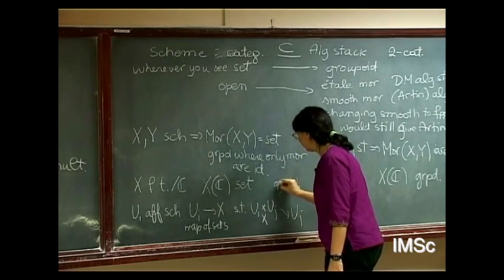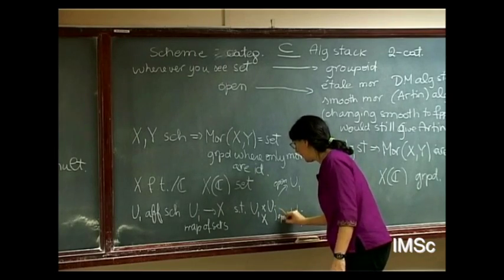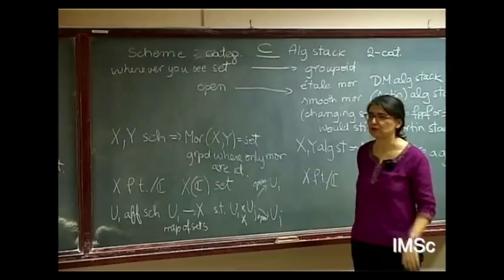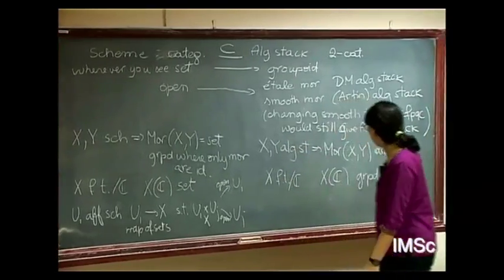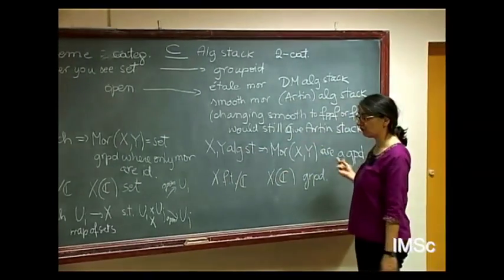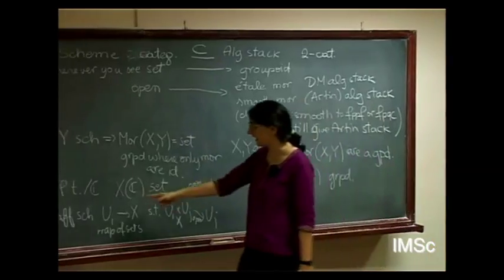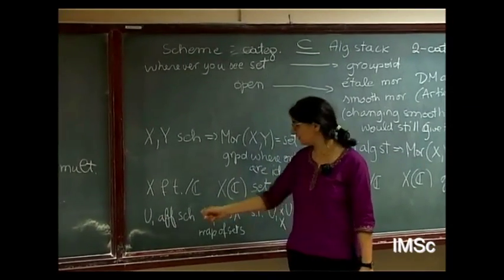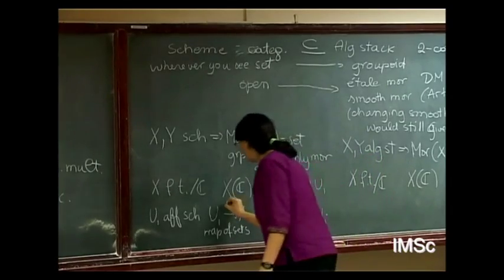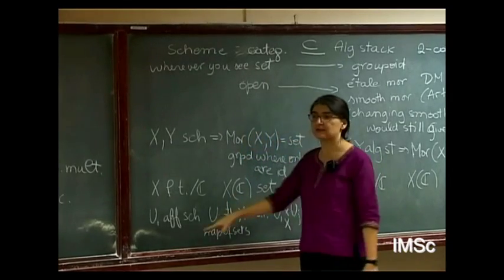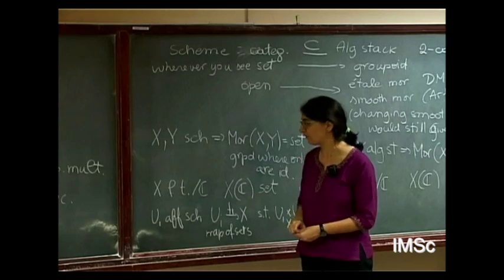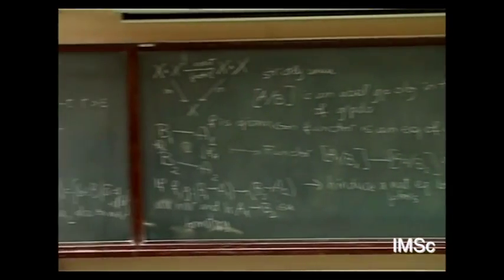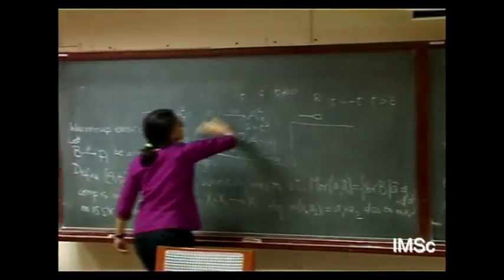It's just an open embedding. And then there is a compatibility, what happens if you take i, j, and k, which I will not write down. And of course you want that the whole of X is covered by this. So if you call the maps f_i, you ask that X is the union of f_i of U_i. So what is the corresponding thing for stacks?